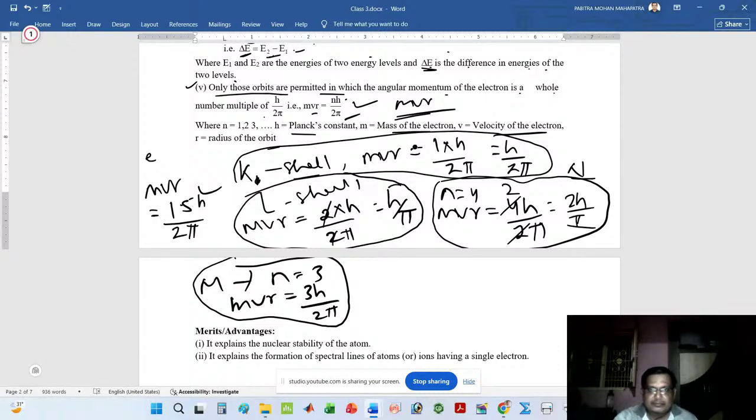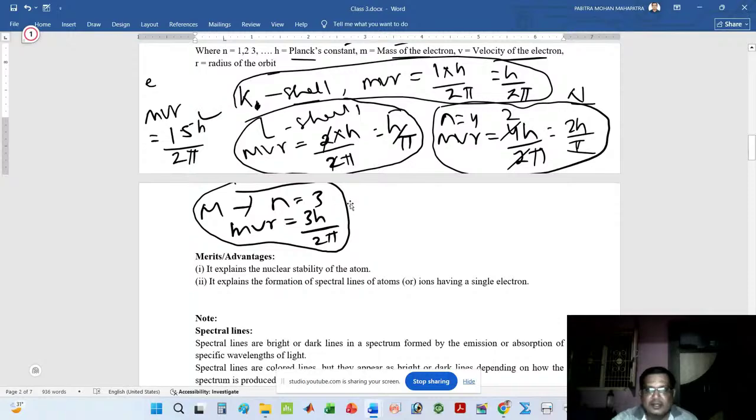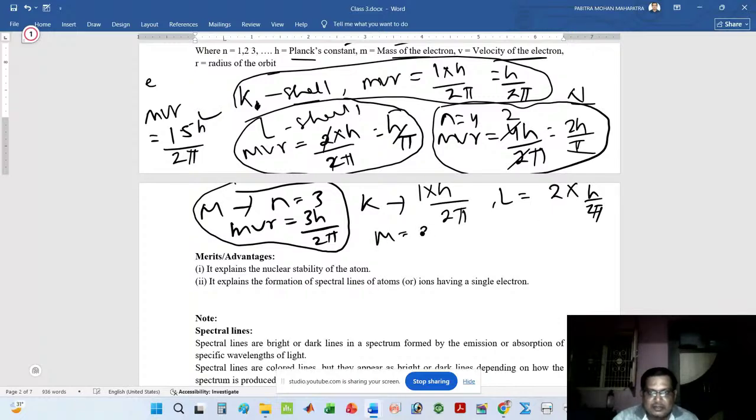Look at that. If you think about every shell, here I want to write again. For the K shell, the angular momentum is h by 2 pi, where 1 is given. For the L shell, you can think of 2 into h by 2 pi. For the M shell, that is 3h by 2 pi. For the N shell, that is 4h by 2 pi.